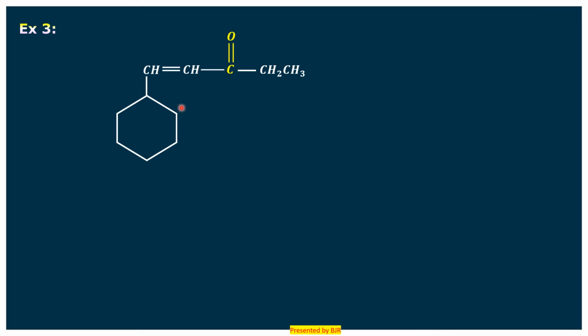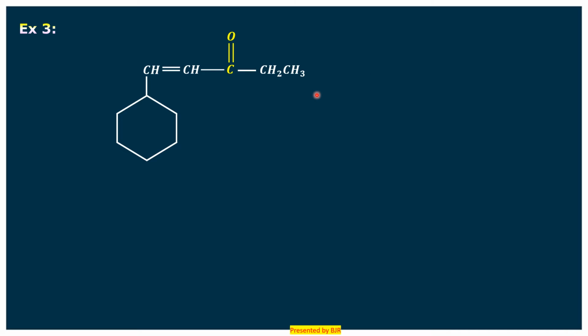Irrespective of the number of carbon atoms present in the ring, it should be taken as the substituent only when the side chain contains a functional group or multiple bonds. So the side chain contains the C double bond O functional group. For that reason I am taking this as the parent chain.